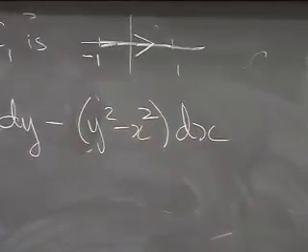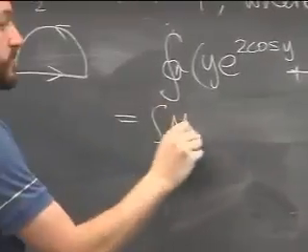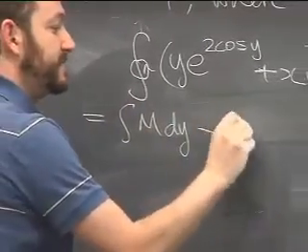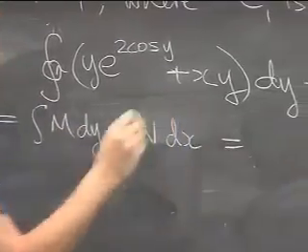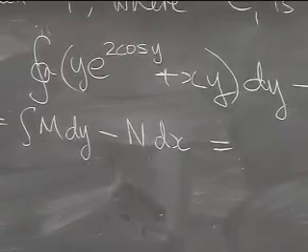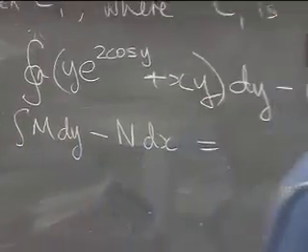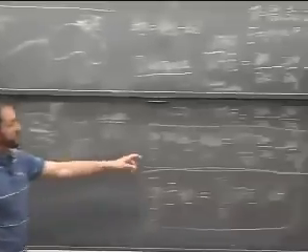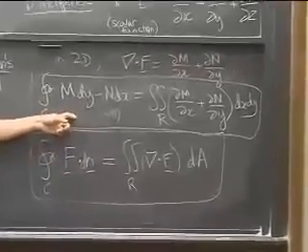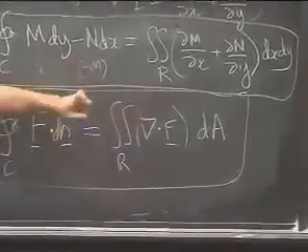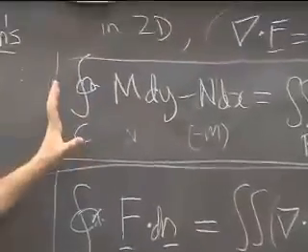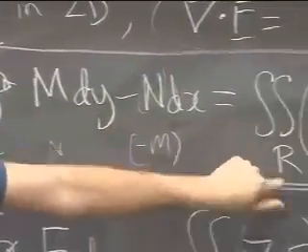And we're thinking of this as m dy minus n dx. Well, actually, we don't even need the curl form. If we can remember this form of Green's theorem here, the divergence form, we can just remember this boxed formula and complete the problem just by using this.